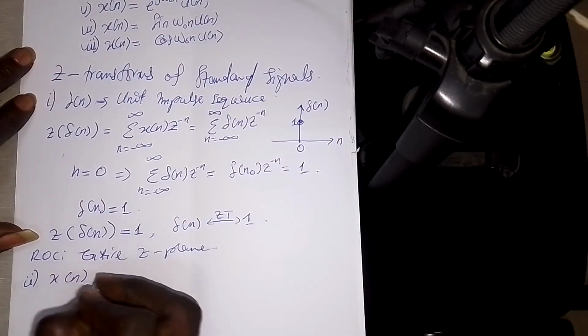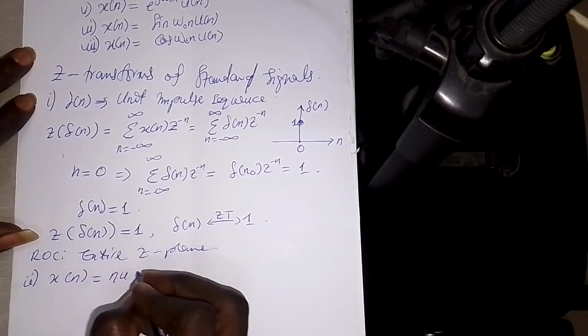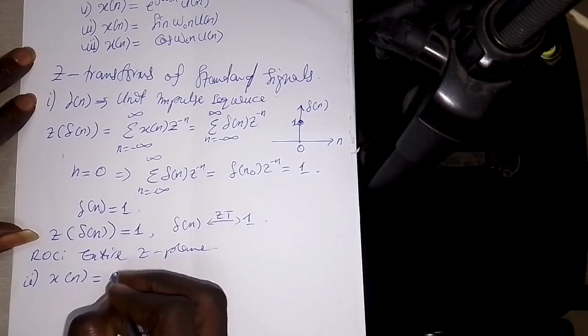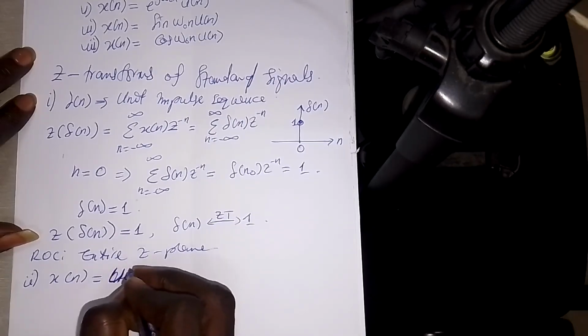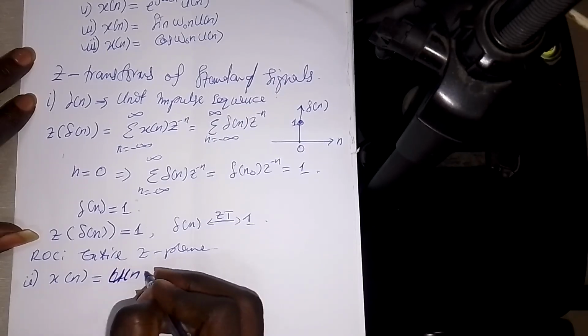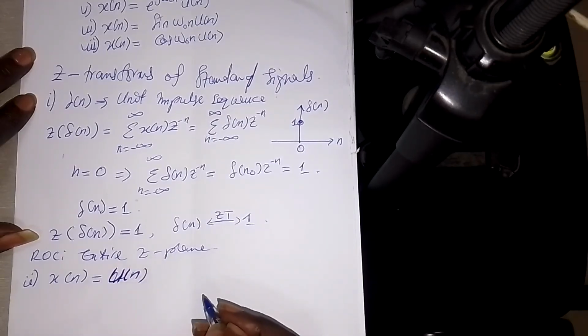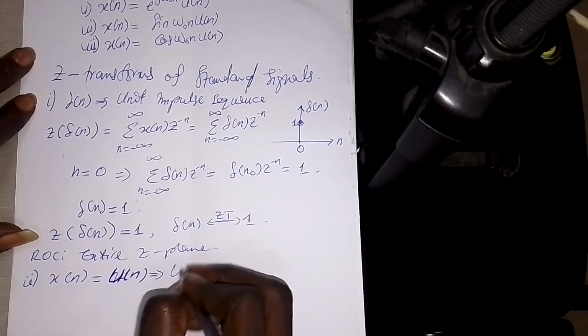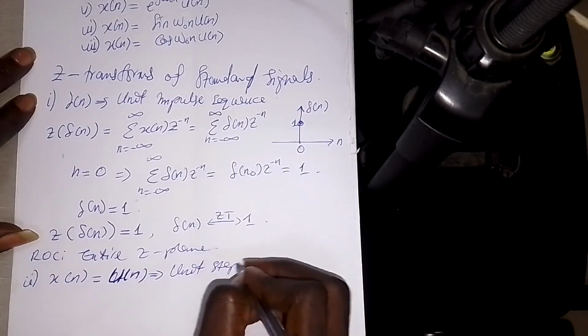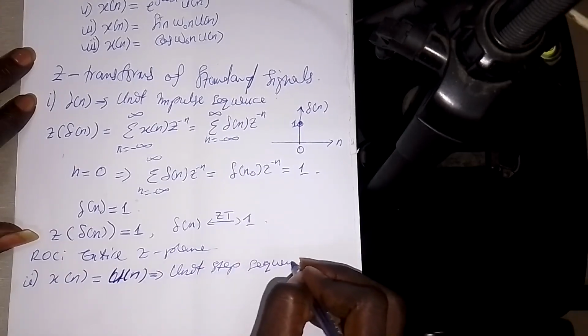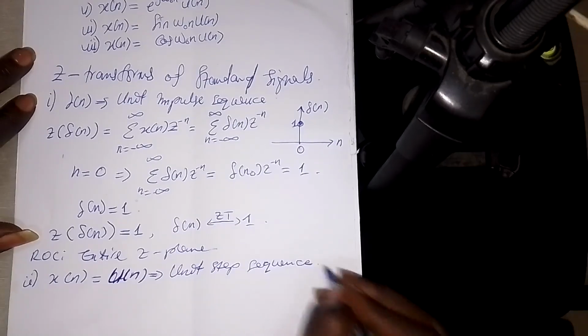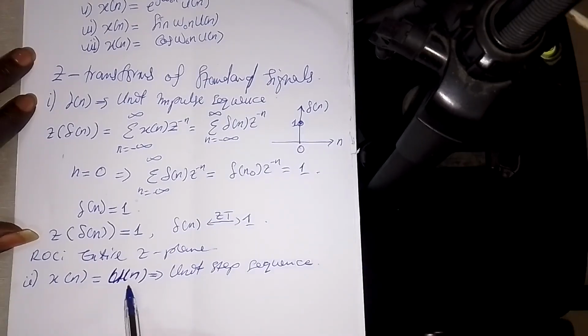So x of n is equal to u of n, where u of n is a unit step sequence, or you can even say signal, but you have to be mindful that it is different from a continuous step signal. This is a discrete time signal. To differentiate it from a continuous time signal, normally we use the term sequence, but it's also a signal too.